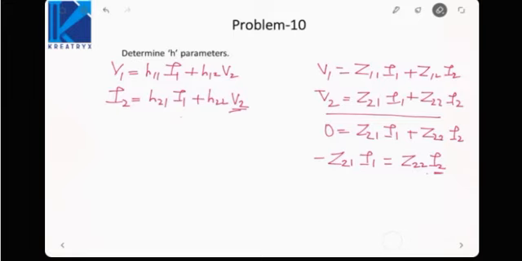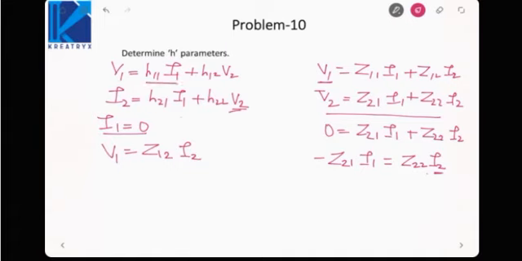For the next two parameters, now we have got H11 and H21. We have to keep I1 equal to 0. If you keep I1 equal to 0, then the first equation will be V1 is equal to Z12 I2. And if you compare it to this equation, it will be equal to H12 V2.